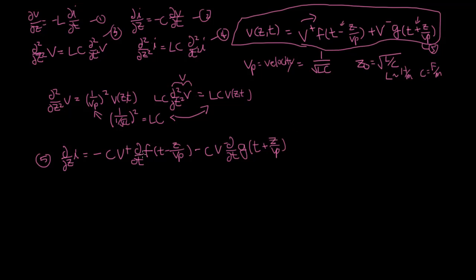And as you see, the derivative of this with respect to time and that with respect to time, d by dt of f is equal to f, d by dt of g is equal to g, and so we actually don't have to worry about these.